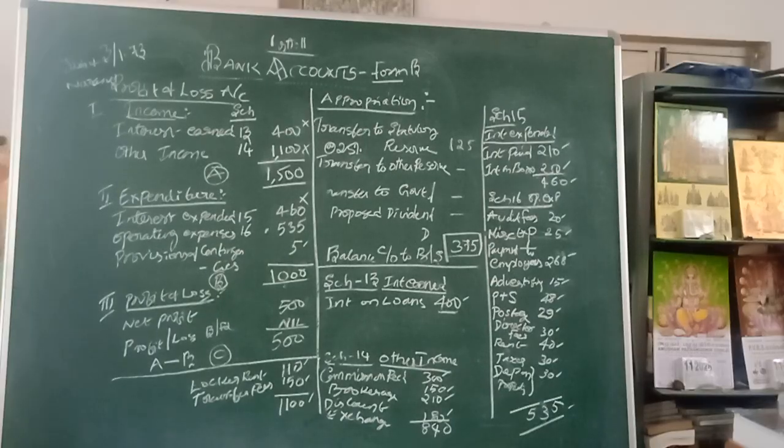Transfer to statutory reserve 25%, we have created 125, that should also go to the balance sheet. Reserves 2A, there we have to take the statutory reserve created. Then profit should be transferred to 2B, surplus. Okay, so this is the clear-cut example for your P&L account, preparation of the profitability statement. Practice related types of problems.